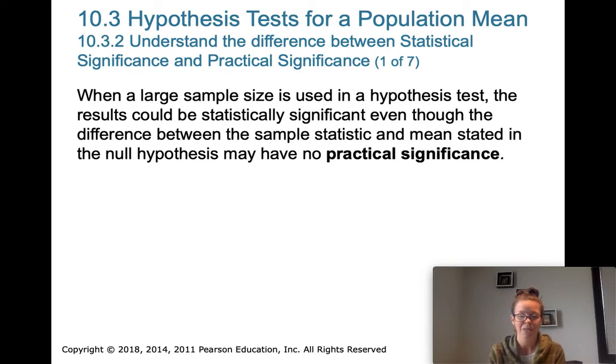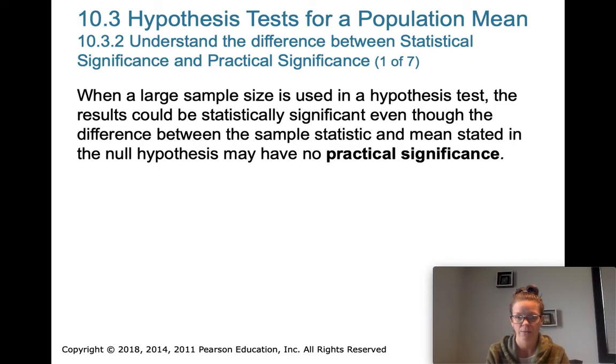When we say something is statistically significant, that means we have gained enough evidence to conclude in favor of the alternative hypothesis. It doesn't mean that this actually matters.